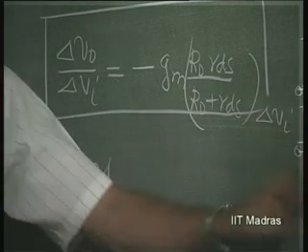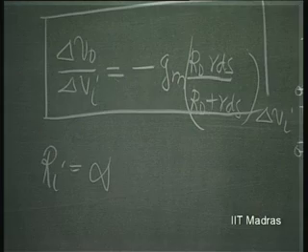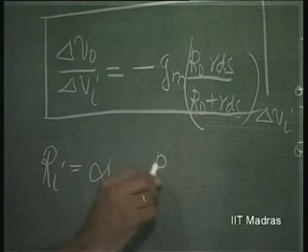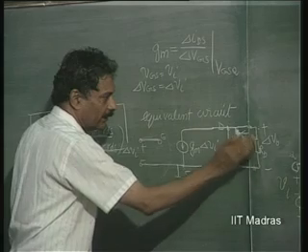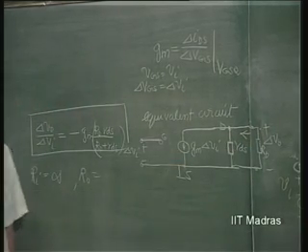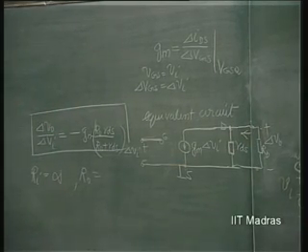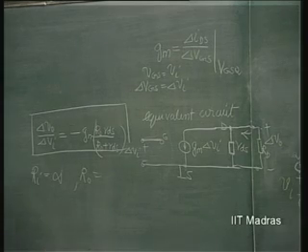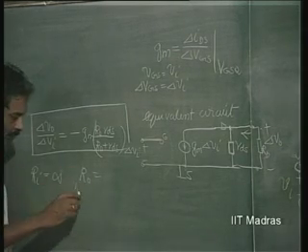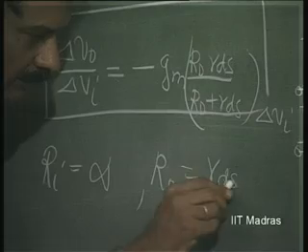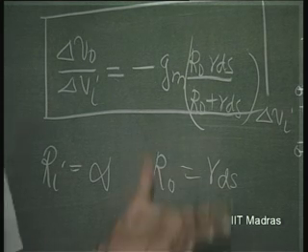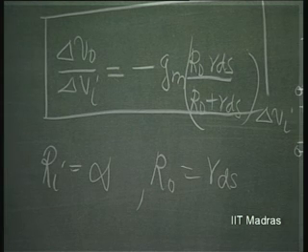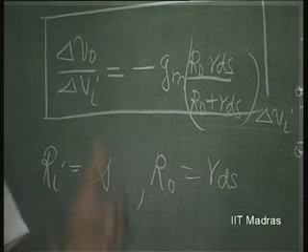It is infinity between gate and source. And output impedance seen from here: always for output, you remove the so called load and then look at the output. In this case it is nothing but RDS. So, we know now the basic stage parameters: input impedance, output impedance, and the gain.